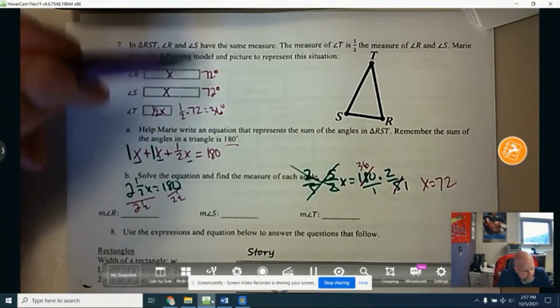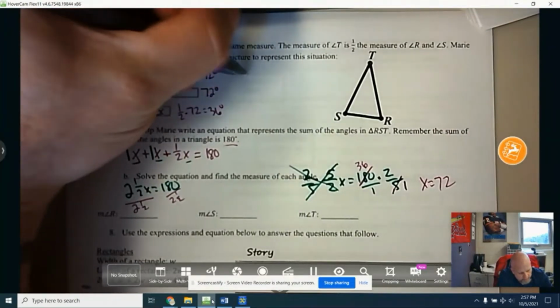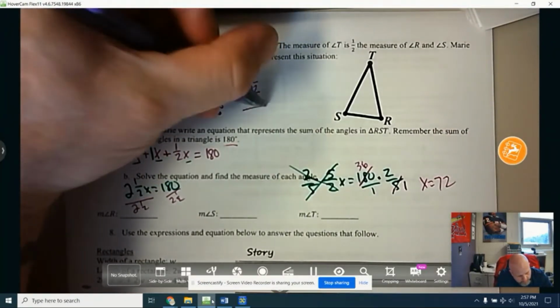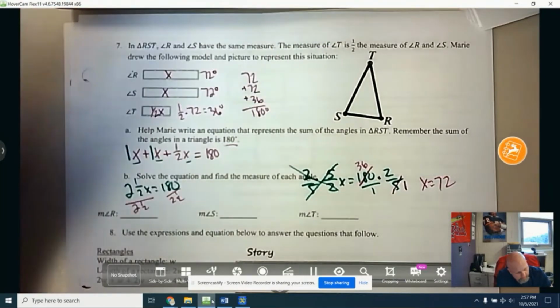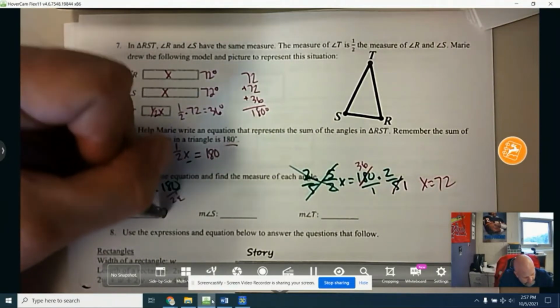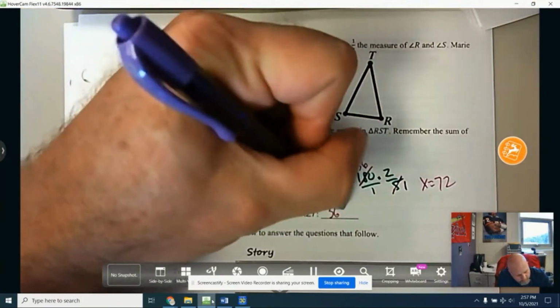And if I add all these together, they should add up to 180, which I know they do. So 72 plus 72 plus 36 will add up to 180 degrees. So down here, angle R, 72 degrees, angle S, 72, and angle T is 36.